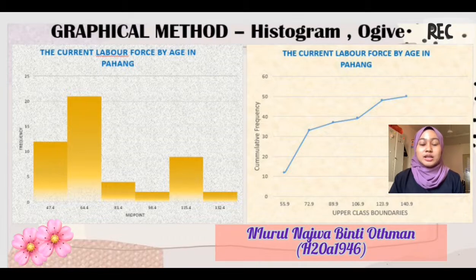To find the relative frequency of a class, divide the frequency by the sample size. Meanwhile, the cumulative frequency of a class is the sum of the frequency for that class and all previous classes. And that's all from me.